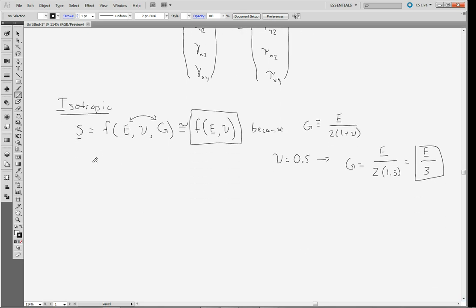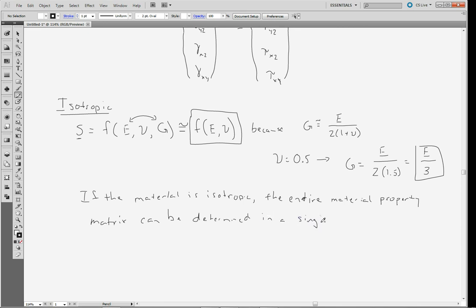This is really convenient because if the material is isotropic, the entire material property matrix can be determined in a single mechanical test.